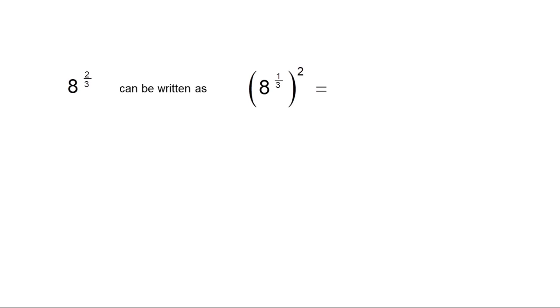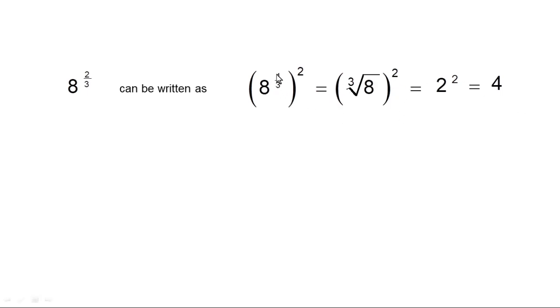Next, rule number 3 will lead us to 8 to the power of 1 over 3 to the power of 2. Which means 8 to the power of 1 over 3 can also be written as cube root of 8. Cube root of 8 to the power of 2, which is 2 to the power of 2, which is 4.